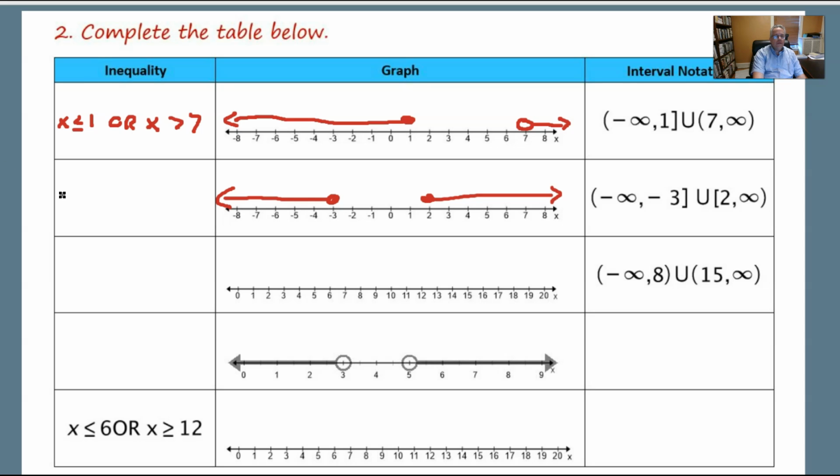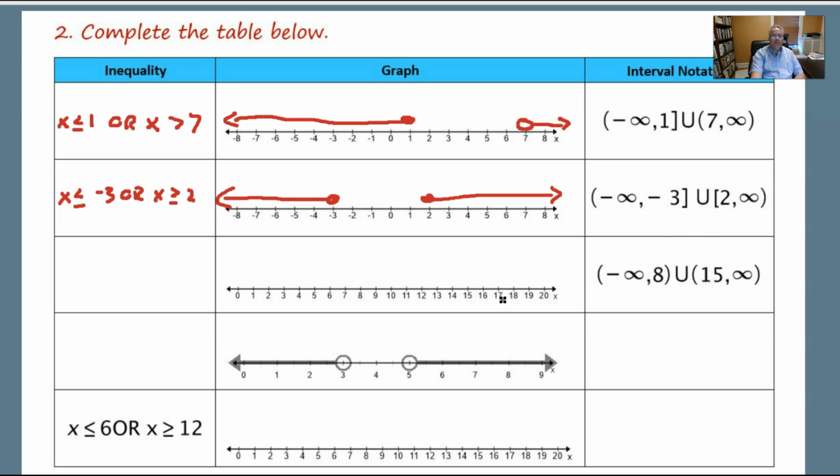In inequality notation, this would be x is less than or equal to -3, or x is greater than or equal to 2. This is kind of easy. We know how to write inequalities for simple graphs that just have one arrow. We're just writing two inequalities, one for each arrow, and we're joining them with the word or, and in interval notation with a union symbol.